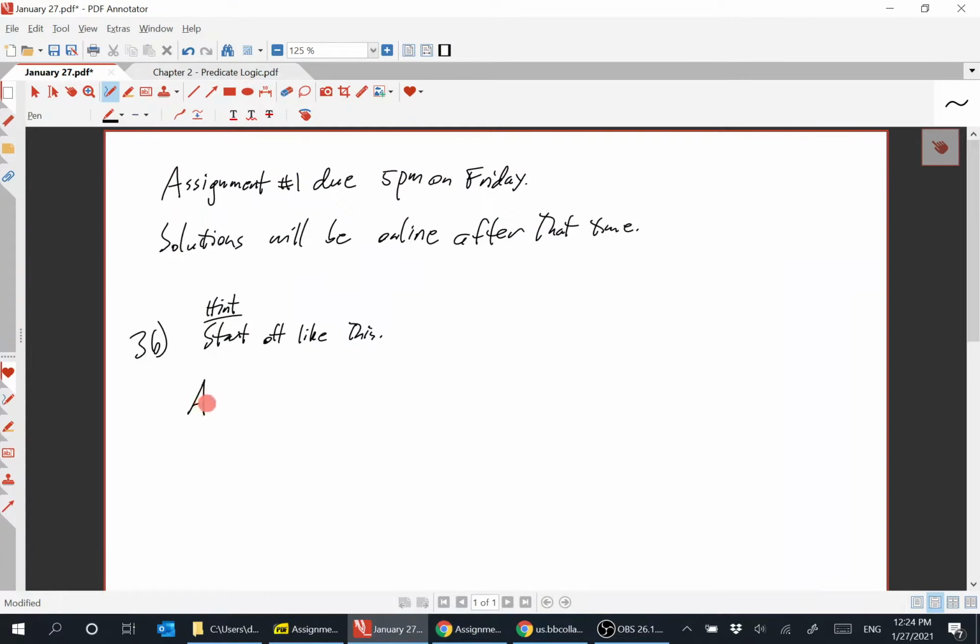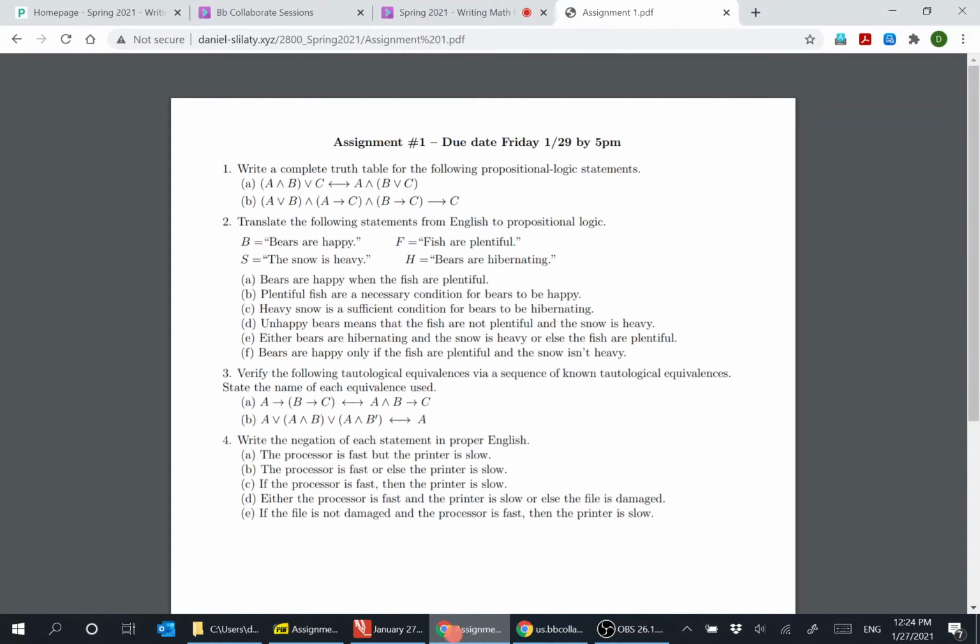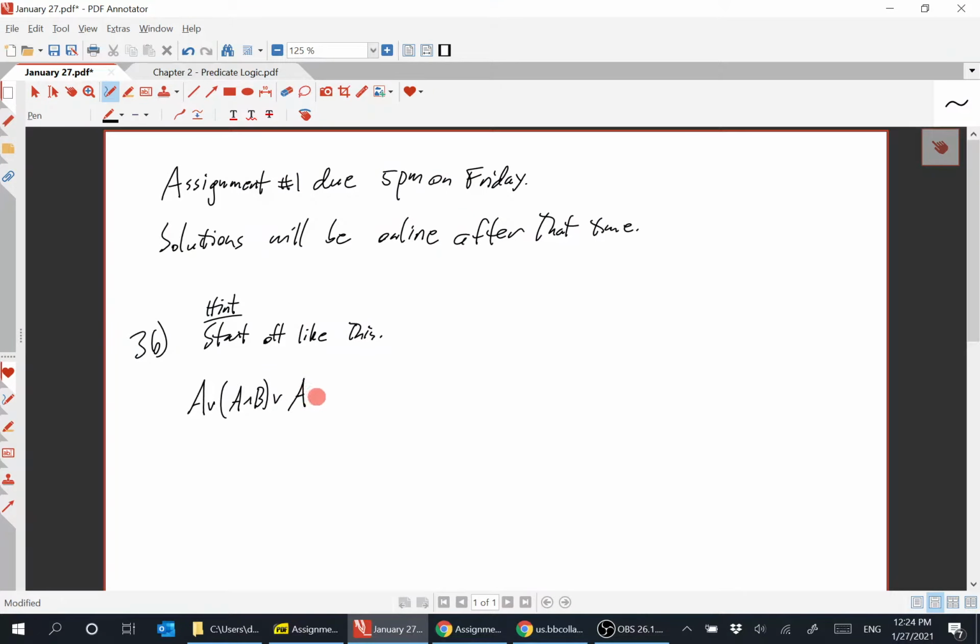A or A and B, or A and B naught. And the goal is all the way down to A. So this whole thing should simplify to just A.